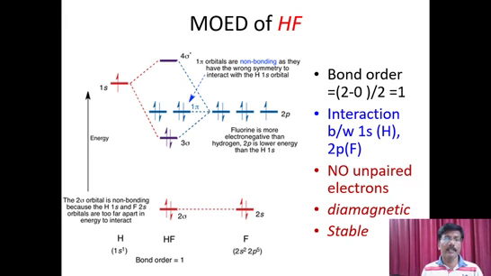In every molecular orbital energy diagram we showed how to calculate bond order, how to decide the number of unpaired electrons, and based on that whether the molecule is paramagnetic or diamagnetic. After that we also covered whether the molecule is stable or not, based on the bond order. So this is the completion of the first topic of unit 1, chemical bonding.